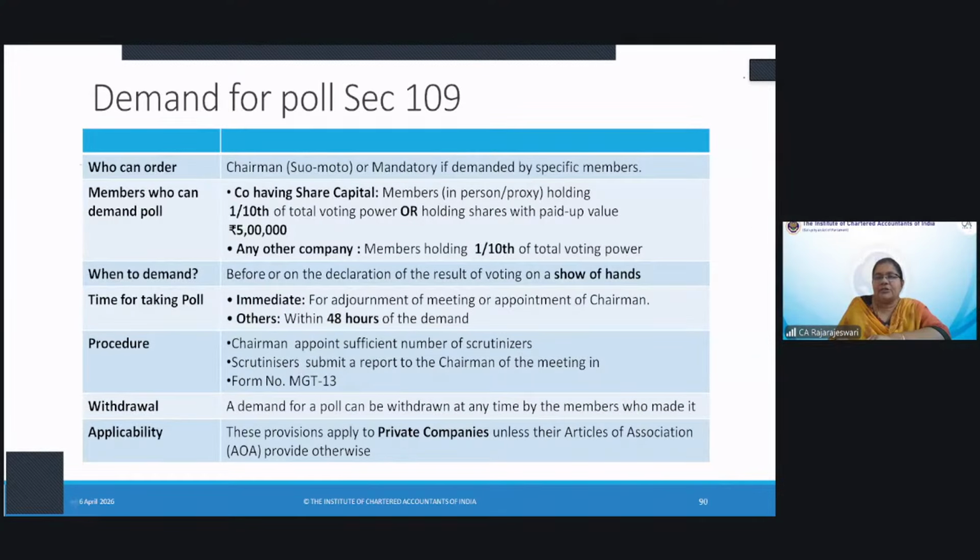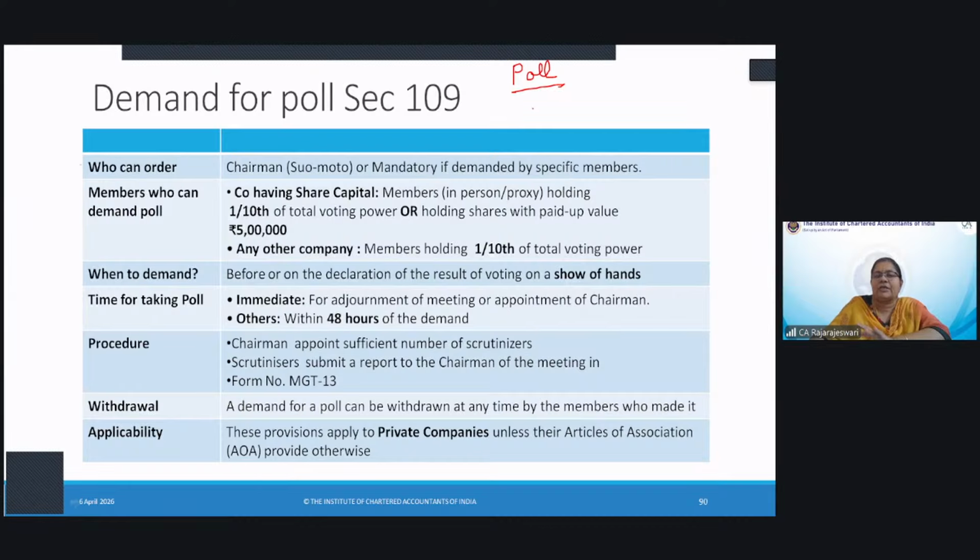Then the next concept: we saw voting by show of hands and voting by electronic means. Now you can also vote by poll. The chairman can, on his own, demand a poll. He need not go through the process of voting by show of hands; straight away he can conduct a poll.